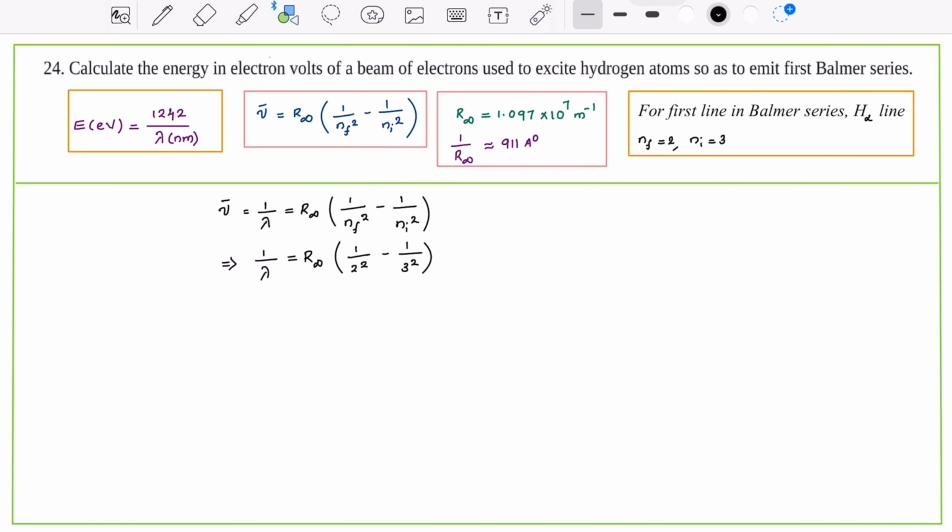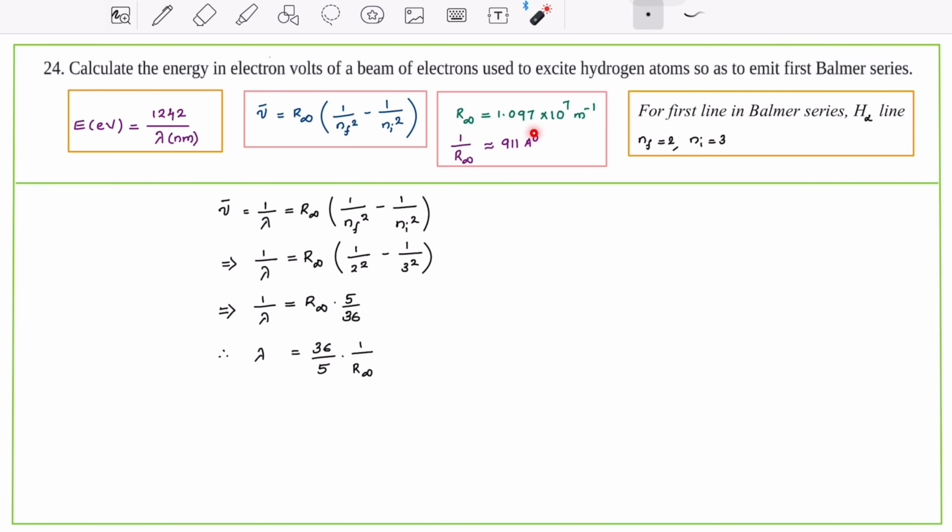This implies that 1 by lambda is equal to R infinity into 5 by 36. Therefore, the wavelength lambda is 36 by 5 into 1 by R infinity.